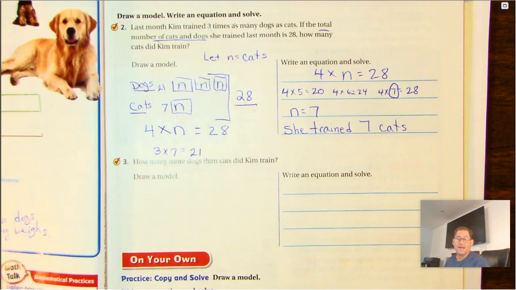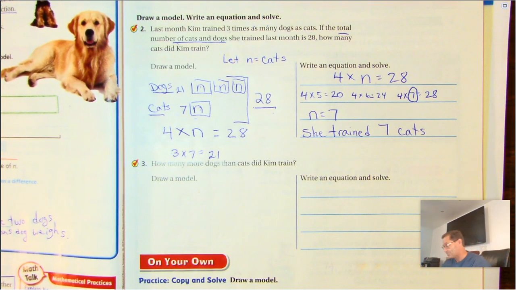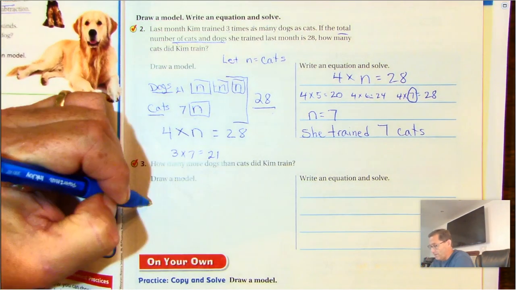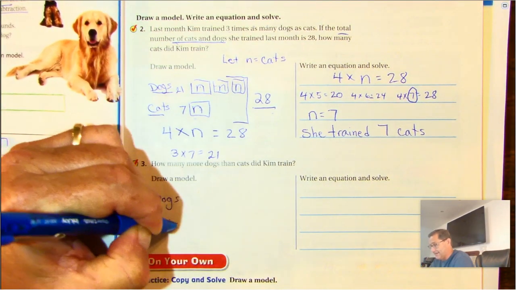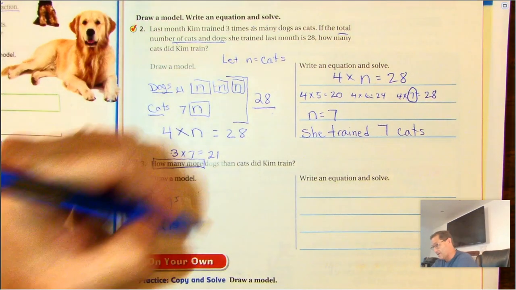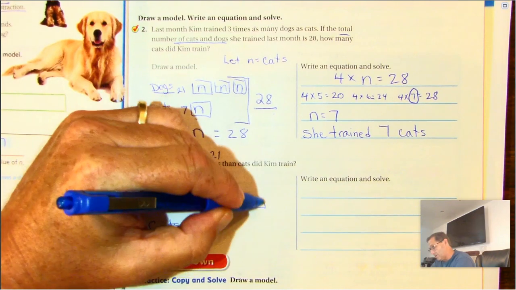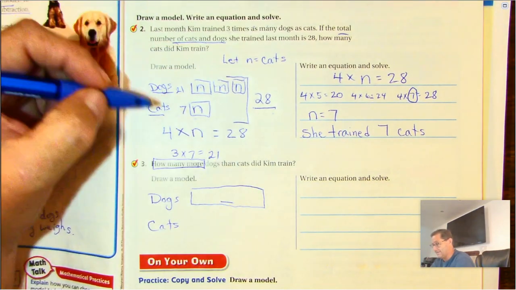Number 3, how many more dogs than cats did Kim train? So how many more dogs than cats? So this is a clue that we have a subtraction problem. And I know the dogs are going to be longer. And so on theirs, I'm going to write 21.